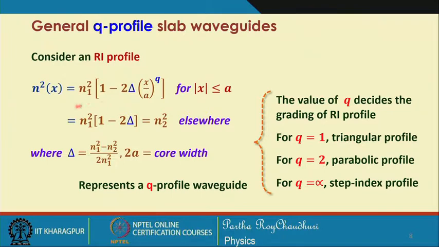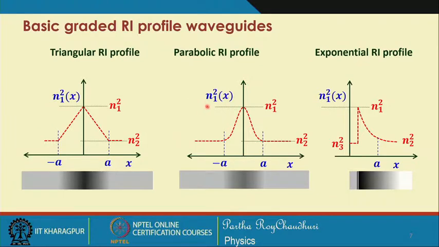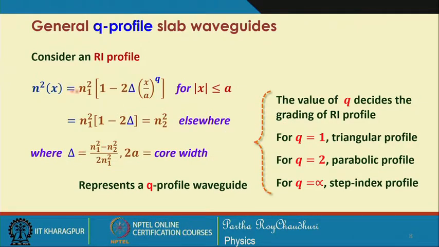So, there is a definition for general q profile waveguides, where you can represent all these various types of refractive index profiles by one single mathematical expression, where we write n square of x, the refractive index profile, as n 1 square into 1 minus twice delta times x by a to the power of q, for the core region defined by mod of x less than a, that is x between plus a and minus a.